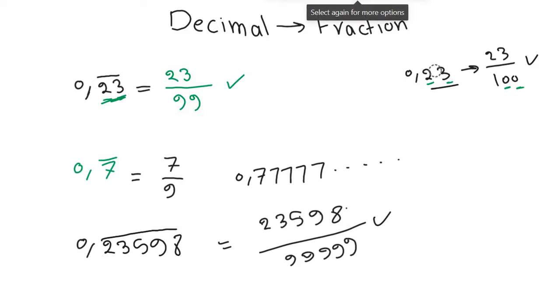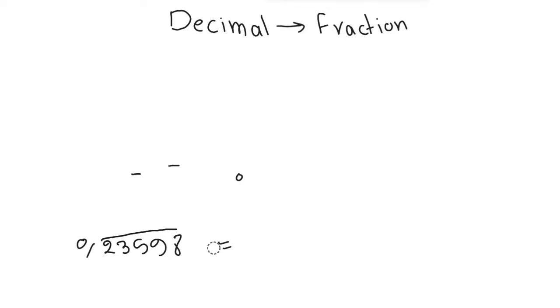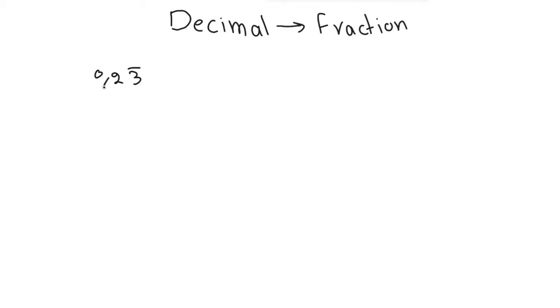So if it was like this question, let me erase here. For example, if it was 0.23 where 3 is repeated, but not 2. So actually it's 0.233333. So we will write it like this. How can we change this decimal to a fraction?